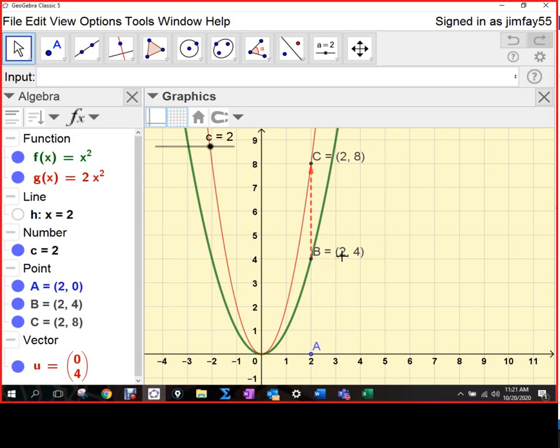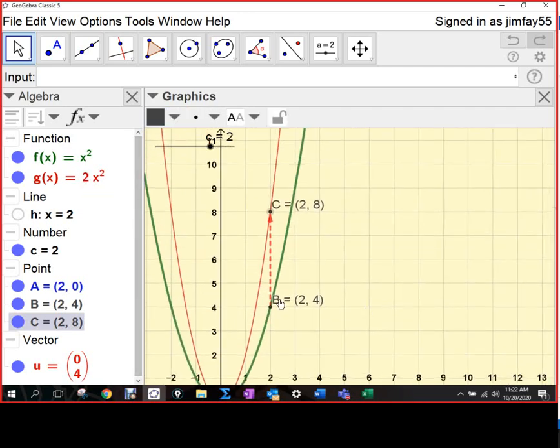If I look at the ordered pair, it's 2, 4. Well, how does that ordered pair relate to the ordered pair at the x value of 2 on 2x squared? Isn't the 8 twice as big as the 4? That makes sense? And that multiple of 2 is from that right there in my function.